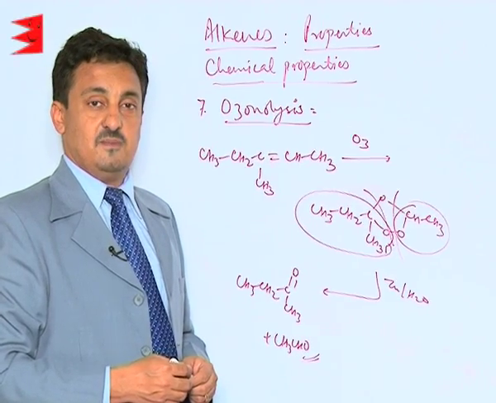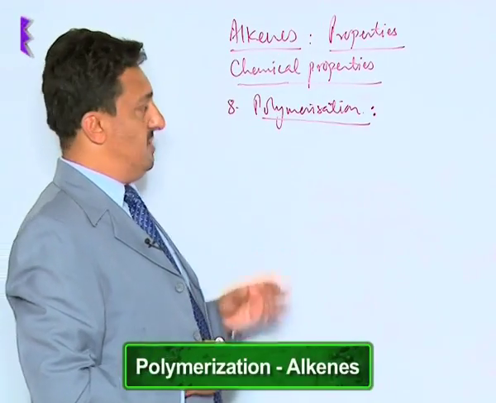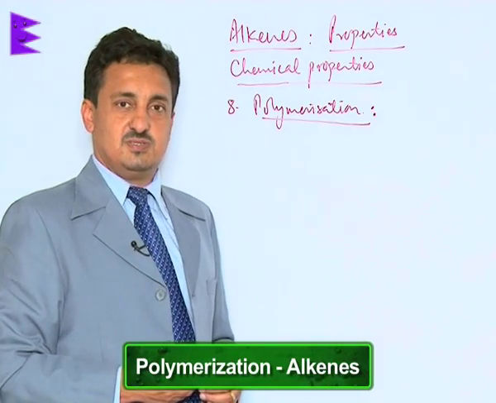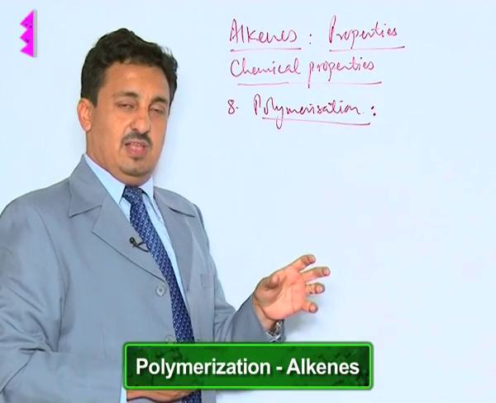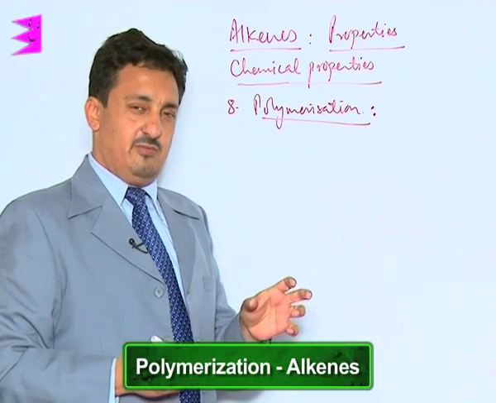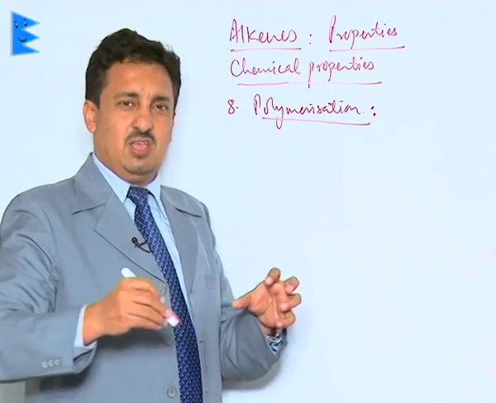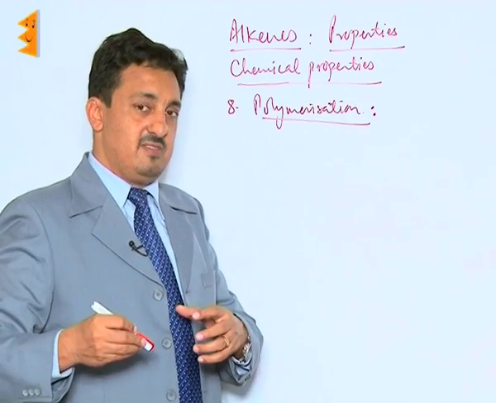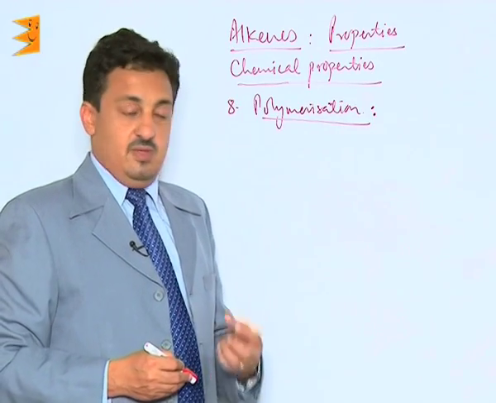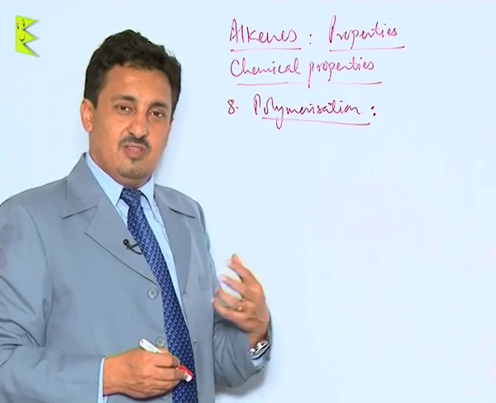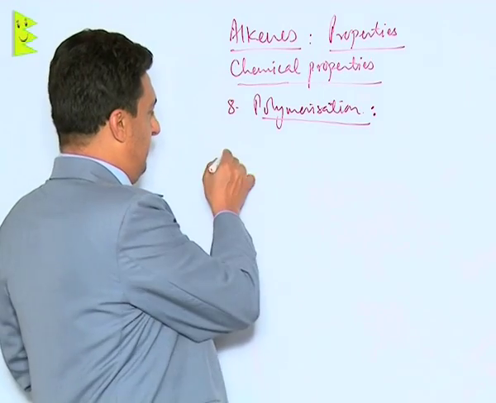The next category of reactions of alkenes are polymerization reactions. In this, smaller units of the alkenes combine with each other under the influence of high temperature, pressure and catalyst, and form long chains of the repeating molecular species, which are called polymers. The small repeating units are called monomers. Let me give you an example.